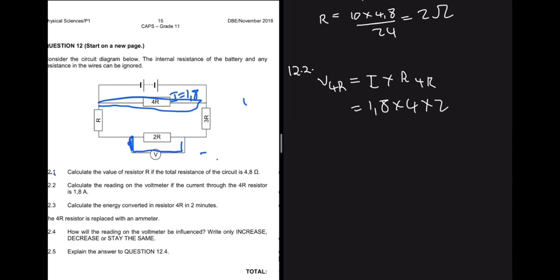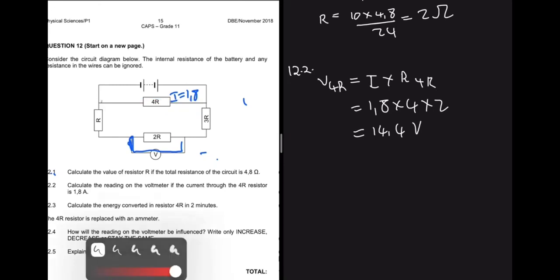And we know fully well that R is equal to 2. So if you say 1.8 multiplied by 4 multiplied by 2, that will give you 14.4 volts. So we know that the voltage on the line at the top, this line here, is 14.4 volts, right?